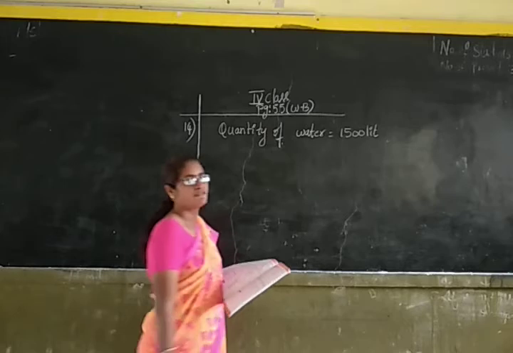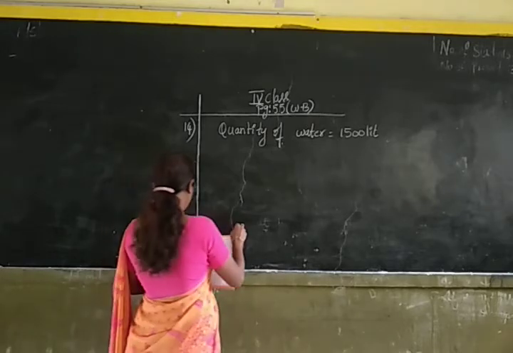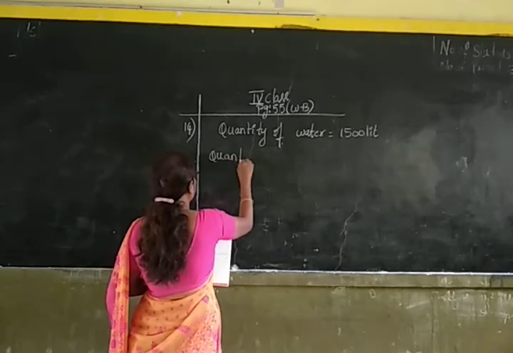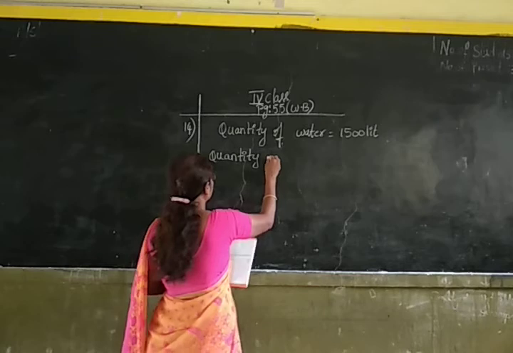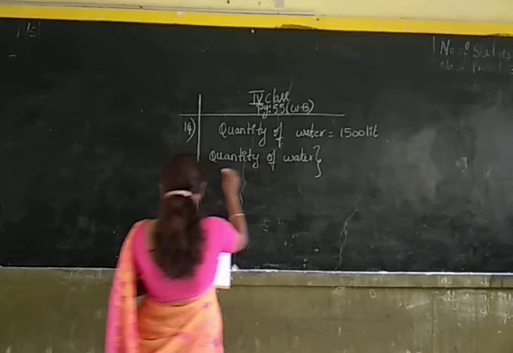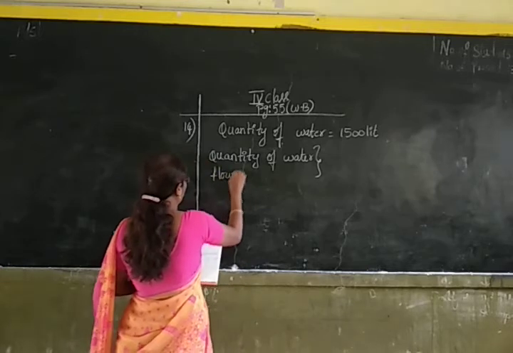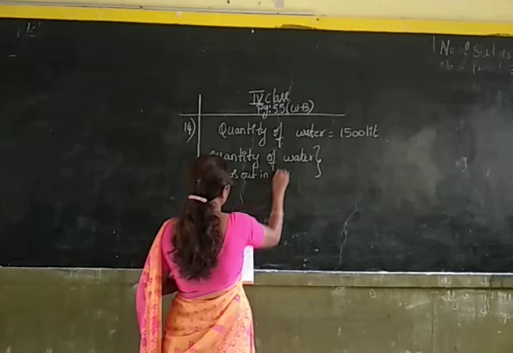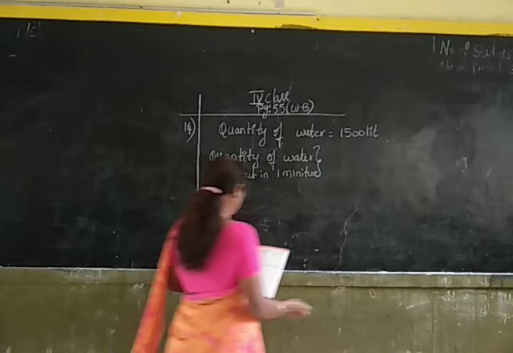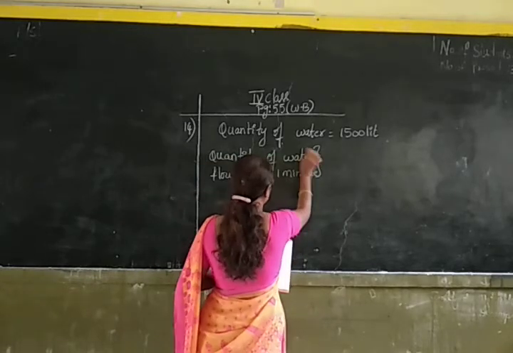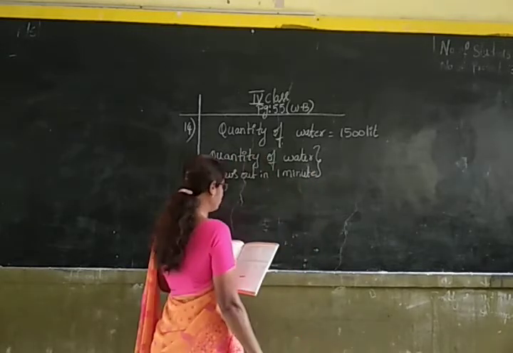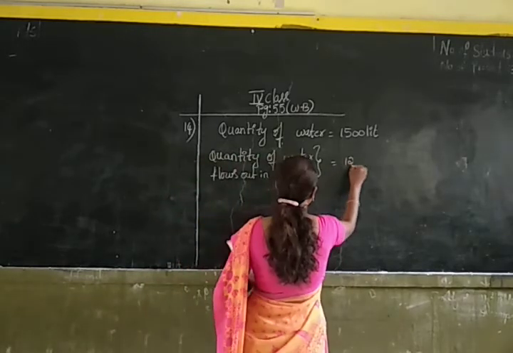Quantity of water taken out from the tank, quantity of water that flows out in 1 minute, sorry children, in 1 minute, is equal to 12 liters.